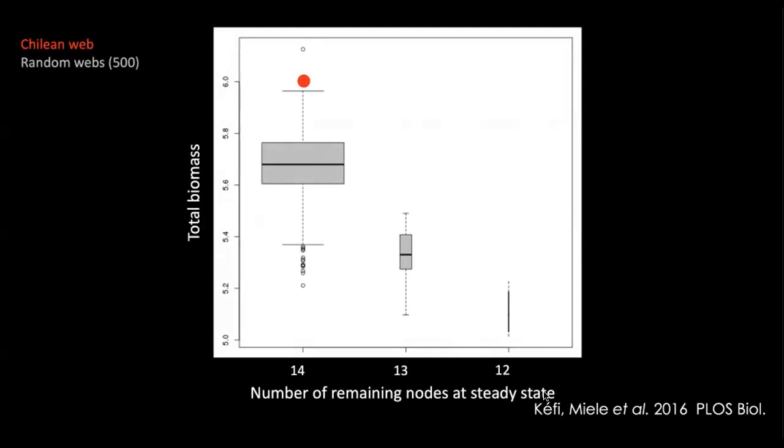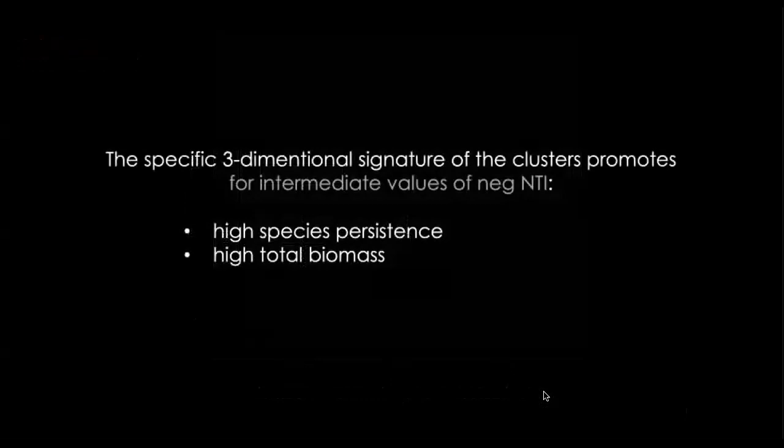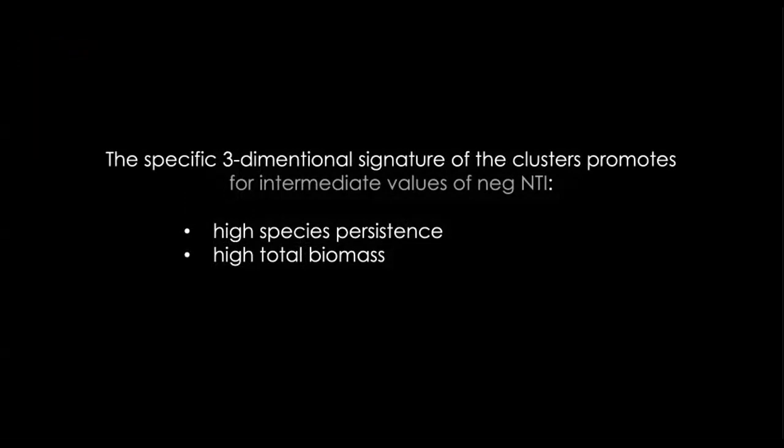So in this very constraining randomized web, what this suggests is that there are very specific three-dimensional signatures of the clusters, which tend to lead to higher species persistence and higher total biomass.